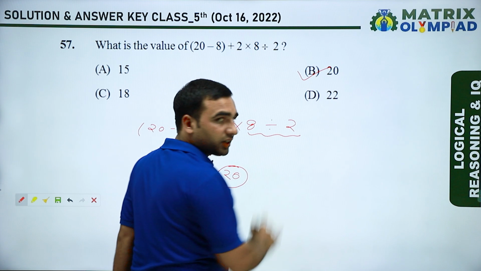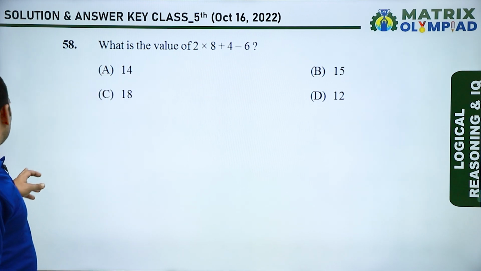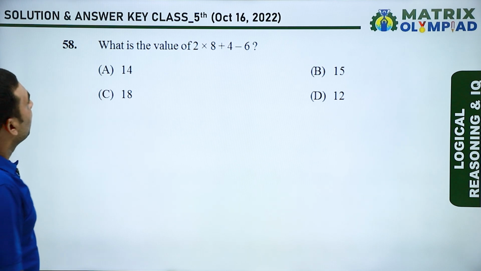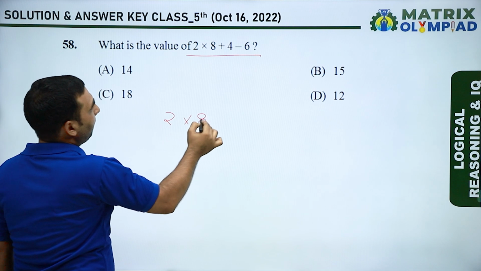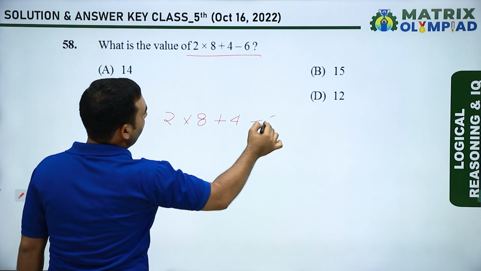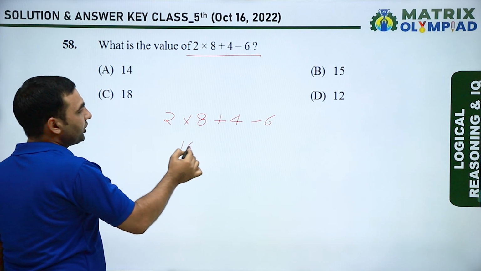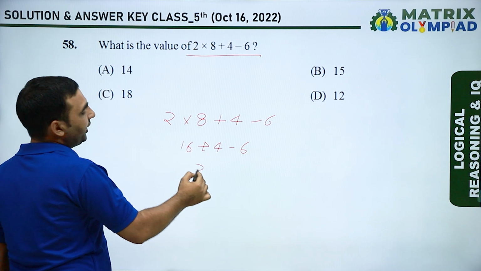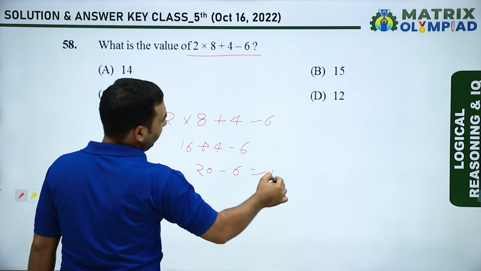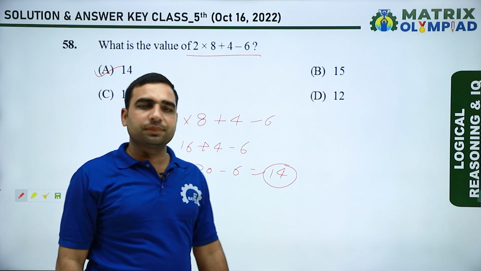Option B is the correct answer. Next question. Question number 58. What is the value of 2 into 8 plus 4 minus 6? We first solve the multiplication, 8 into 2 is 16, plus 4 is 20. 20 minus 6 is 14. That is our answer. Option A is the correct answer.